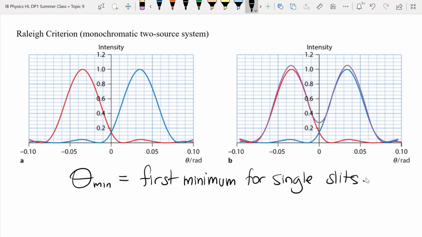In terms of the red, it's from here to here. If the second peak is farther away than this first minimum, you can tell the difference. If it's closer, you cannot tell the difference anymore.